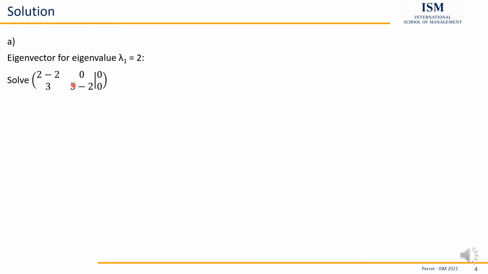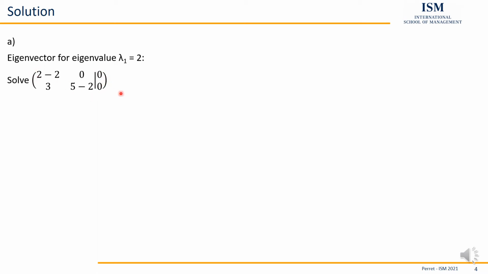Then we solve the linear system of equations where on the right side we have zeros. Here I directly used the simplified version of this linear system, but it basically reads as this matrix times a vector x, y equal to 0, 0.